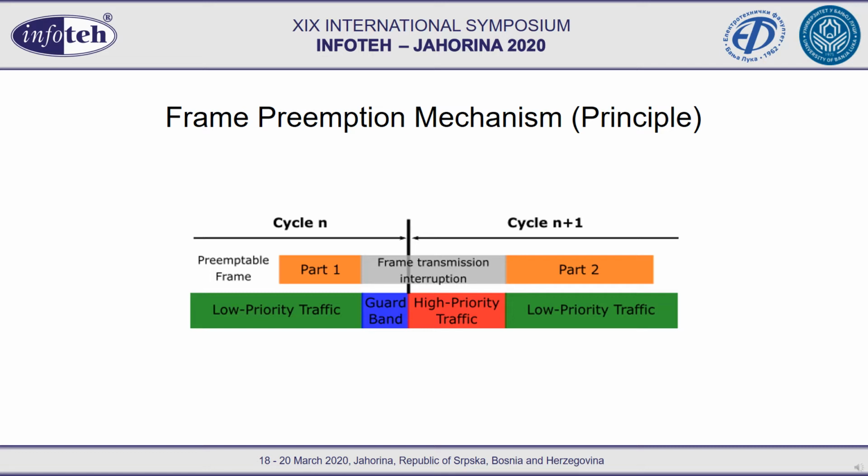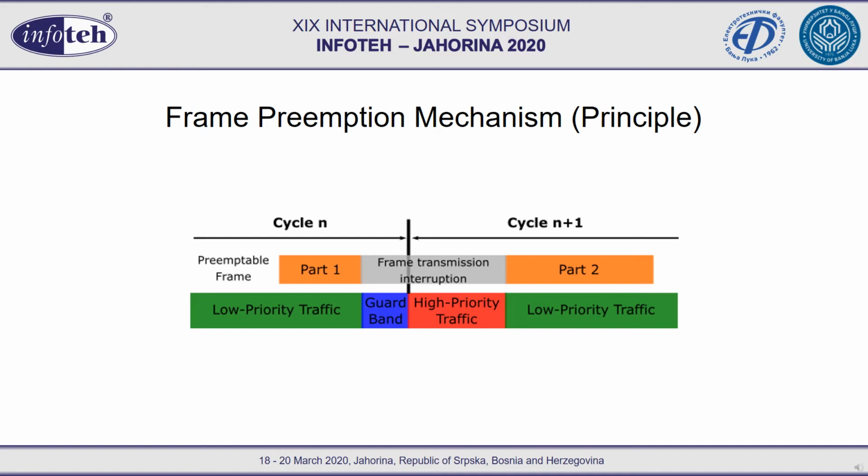But between each cycle or between intervals within previous and the next cycle, we need to prevent that low priority traffic comes into high priority traffic, because it will delay sending of high priority frames, which is unacceptable. So in order to avoid this, guard band marked with blue color is introduced.